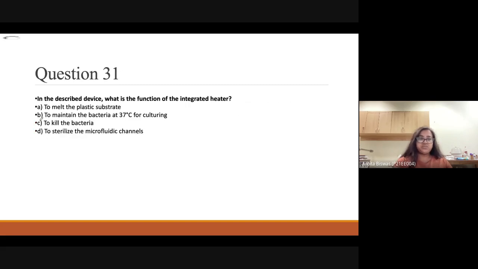Okay. So next, moving to question number 31. In the described device, what is the function of the integrated heater? So the first option is to melt the plastic substrate. The second option is to maintain the bacteria at 37 degrees centigrade for culturing. The third option is to kill the bacteria. And the fourth option is to sterilize the microfluidic channel.